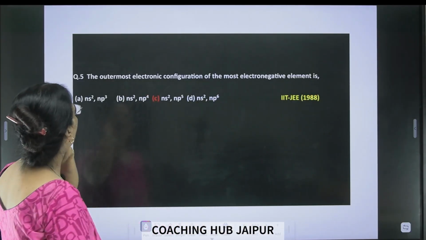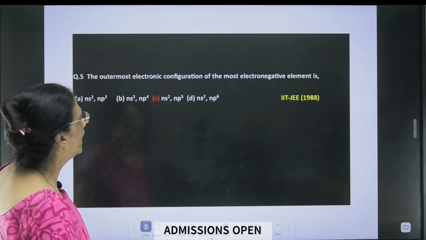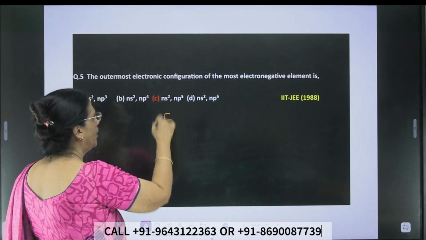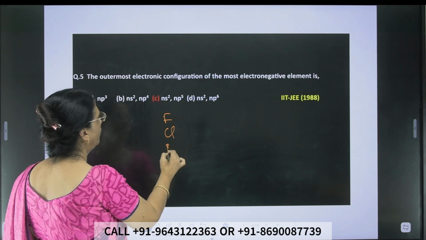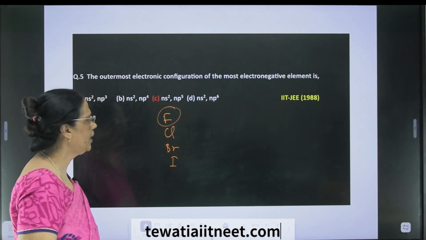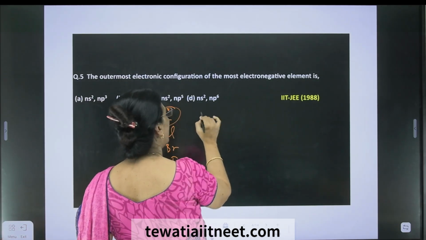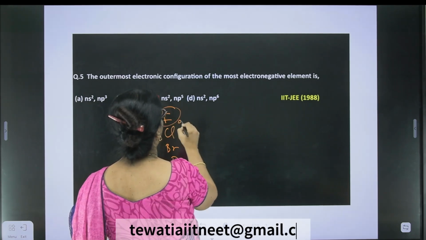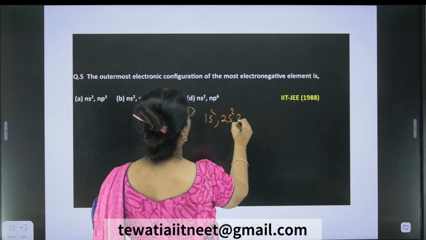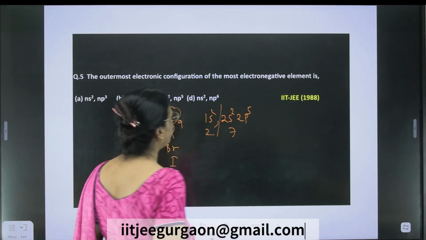Then question number 5, the outermost electronic configuration of the most electronegative element. The most electronegative elements you know are in the halogen group: fluorine, chlorine, bromine, iodine. The most electronegative is fluorine, with outermost 7 electrons, fluorine is 9. So 1s2, 2s2, 2p5.